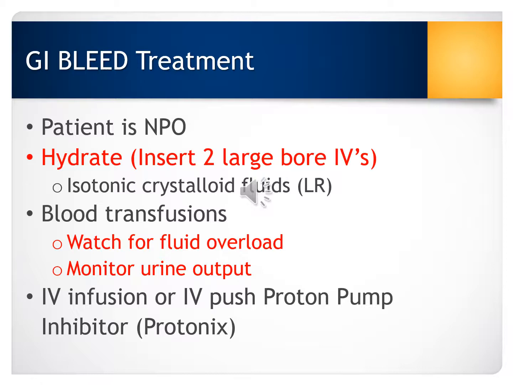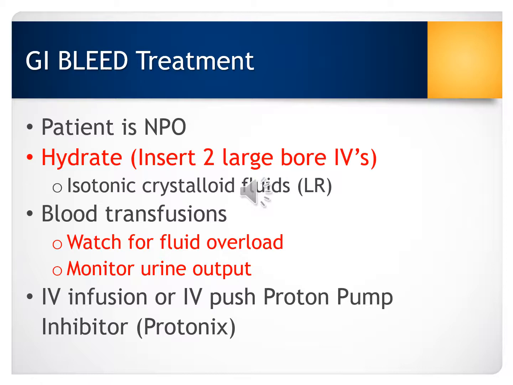But you also must remember that fluid overload and pulmonary edema can happen in any patient who is receiving large amounts of IV fluid or blood products in a short amount of time. So when you're watching for fluid overload, you're auscultating breath sounds and observing respiratory effort. It'd be a good idea to keep the head of the bed up and watch for any signs and symptoms of aspiration.